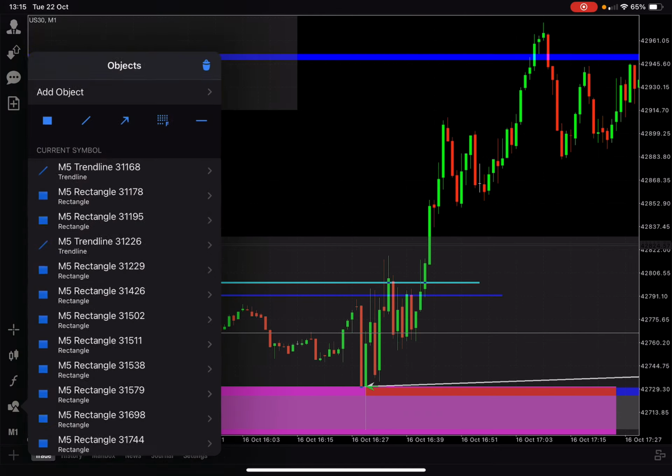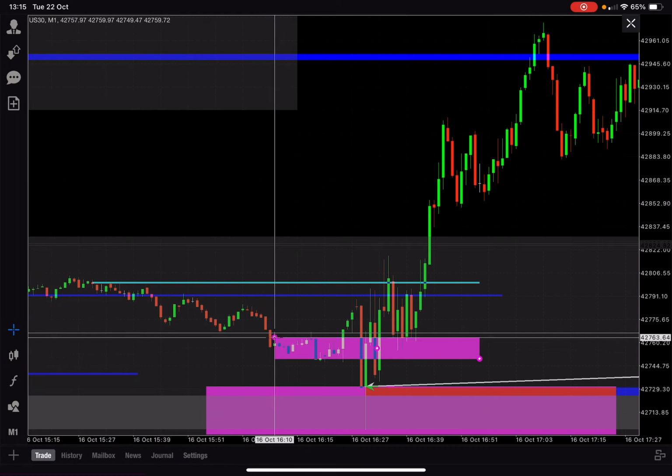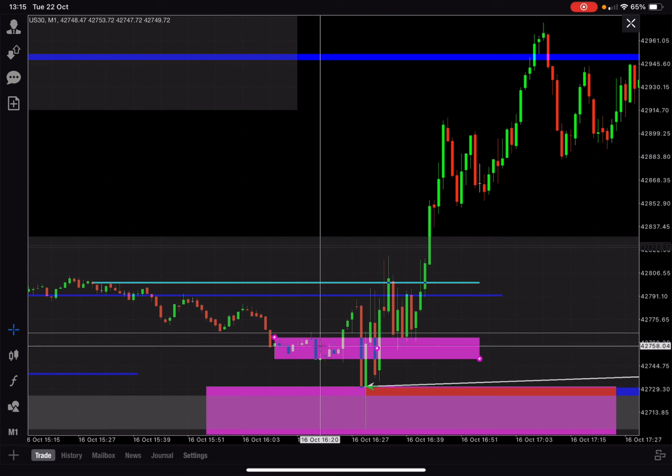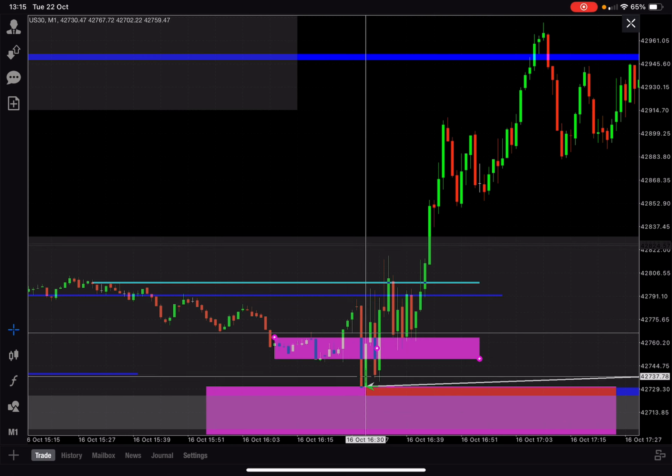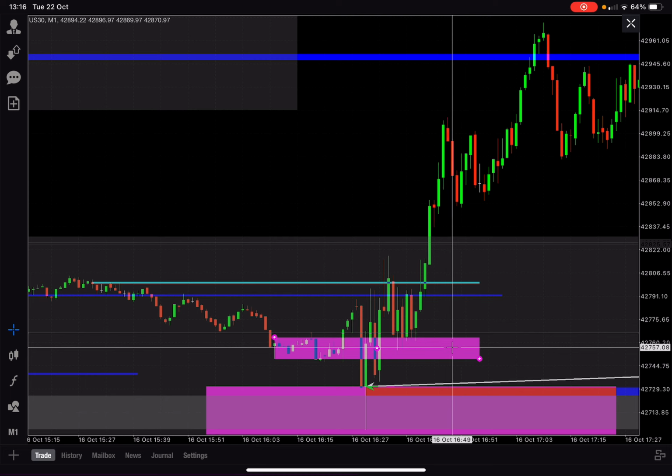That's because that is a manipulation area. You can see it all stems from this side here. So this is your consolidation, fake out, then the session opens, fake out towards the upside, and then they start accumulating on that concentrated area too.